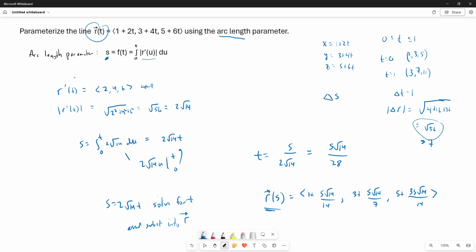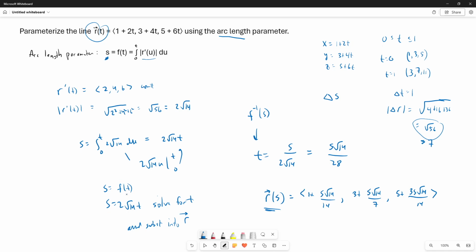The general formula, again, for the arc length parameter: you integrate the speed of the curve from 0 to t, and that gives you a parameter s. This is a function, f of t, and this function has an inverse. So t was f inverse of s, and s equals f of t. Here s was equal to this number times t.